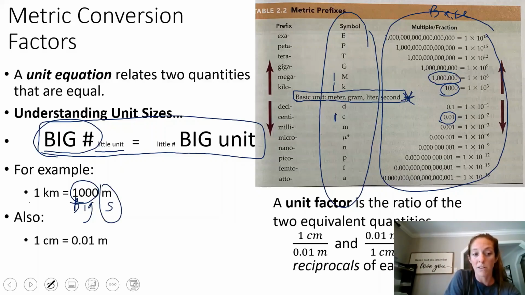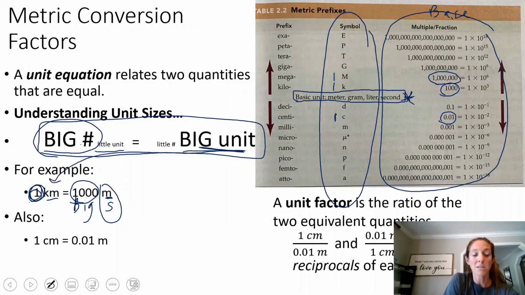Meters are much smaller than kilometers. Obviously, if I need 1,000 meters to equal 1 kilometer, then meters are small. So big number means a little unit. And if I have a little number, like my 1 is a little number compared to 1,000, then my unit is big. Kilometers is big.